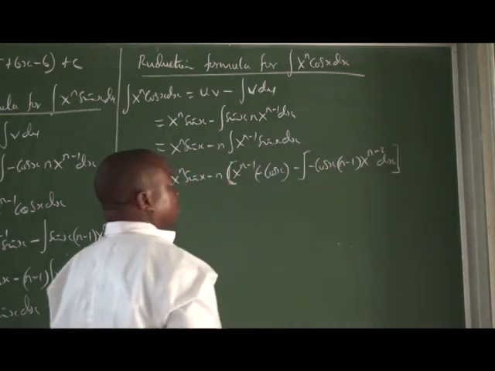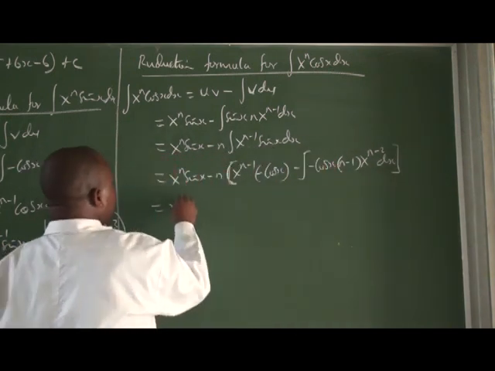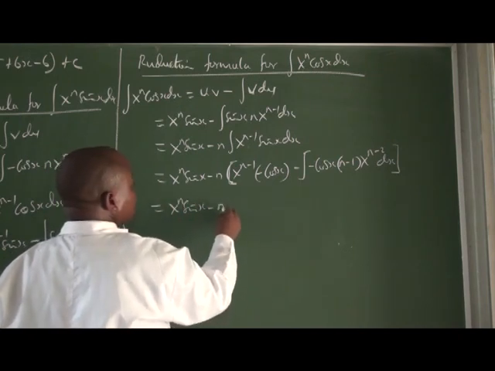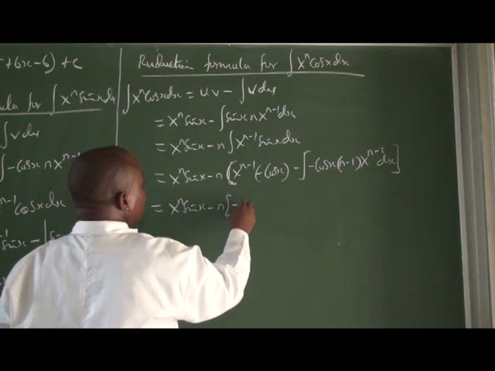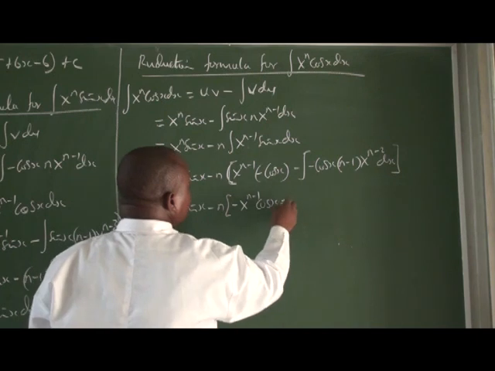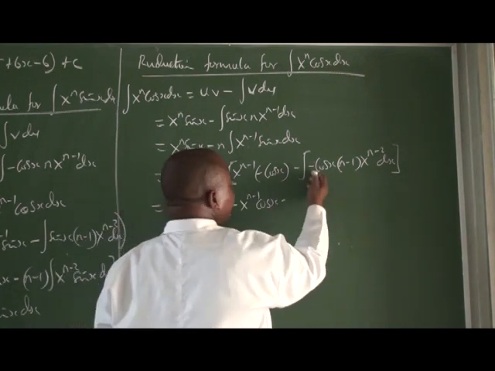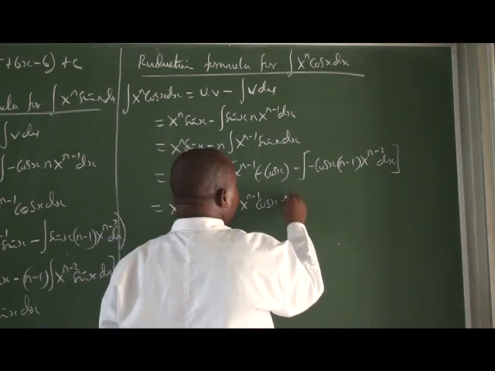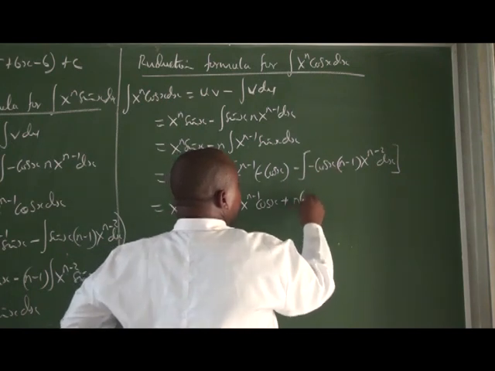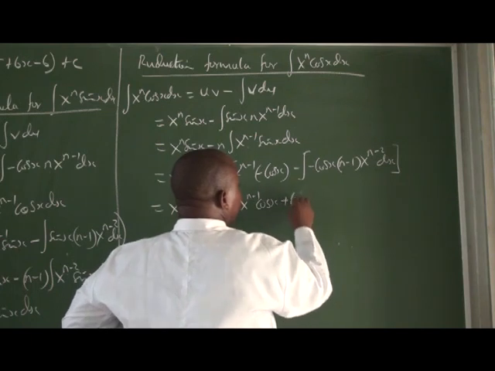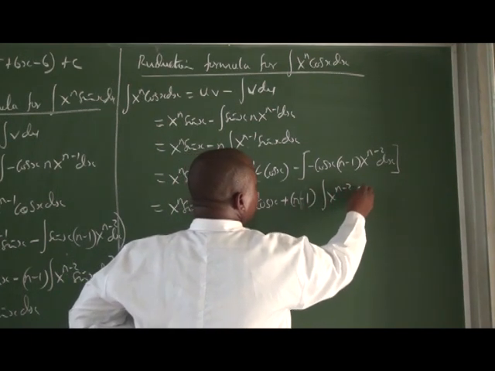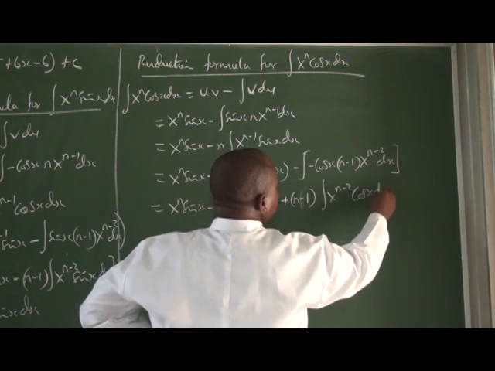So that would be x^n sine x minus n times minus x^(n-1) cos x. Then here we have plus, because we are going to bring this, we have n minus 1, then the integral of x^(n-2) cos x dx.